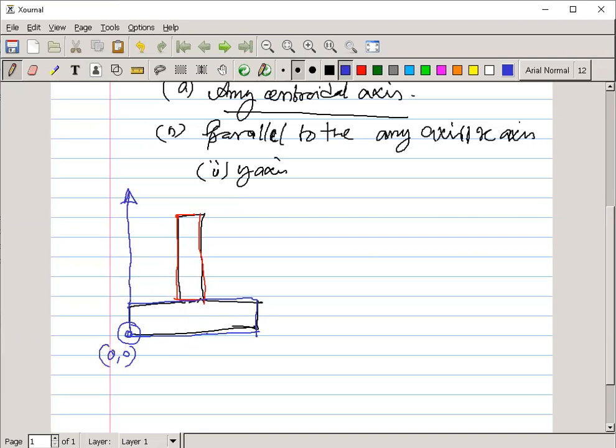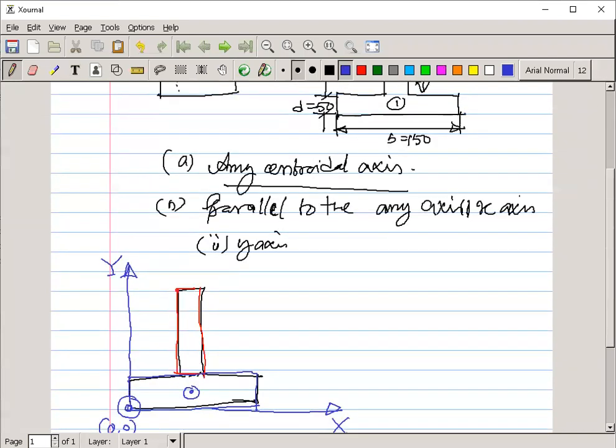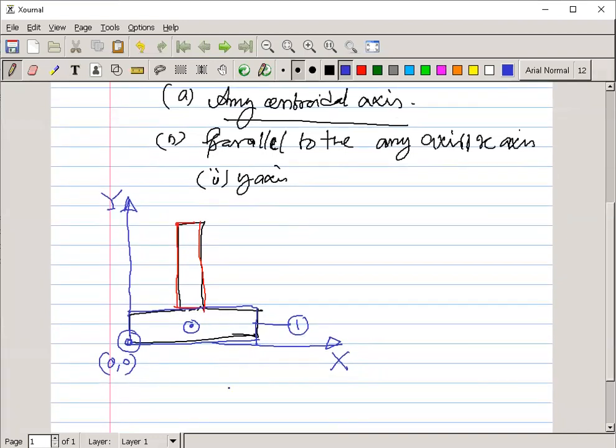So this one we can show as capital X, this one capital Y. Now if this one is 150 and this should be the centroid for element 1, what should be the centroidal coordinate?